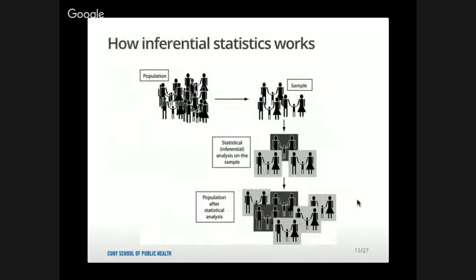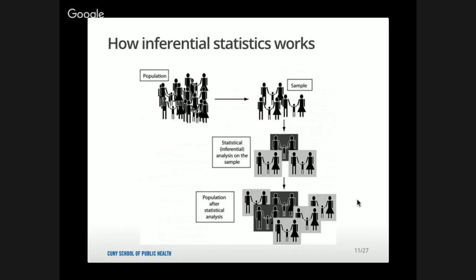And just as a pictorial of why selection bias can be important, inferential statistics works by taking a population, drawing some small sample from it, and then performing inferential statistics on that sample, where everyone who is sampled is assumed to represent some larger number of people from the population.